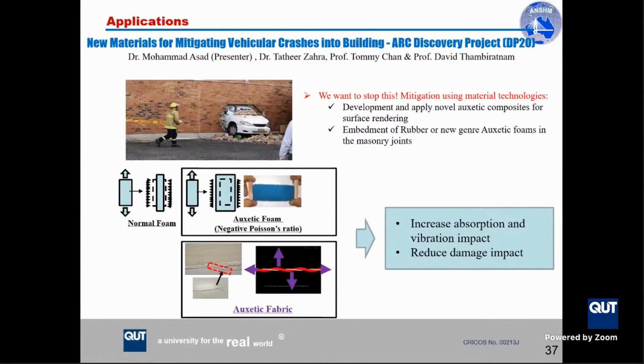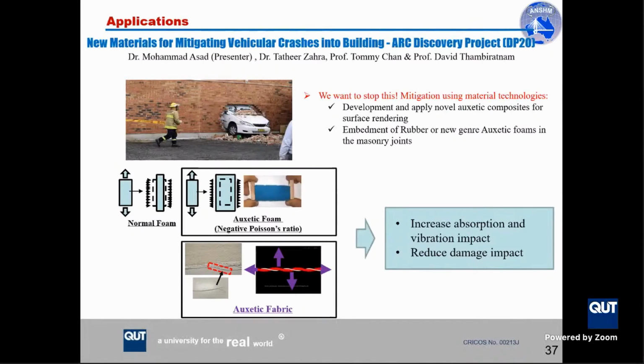So we want to stop this. So our mitigation strategy is to use material technologies. In this project, we will develop and apply novel auxetic composites for surface rendering and embed rubbers or auxetic foams in masonry joints.